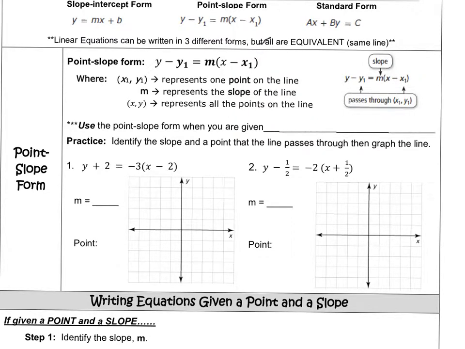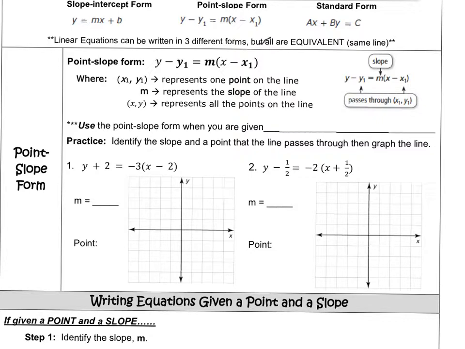So when we're looking at this formula, we have three pieces of data that we can get from it. We can get our point, which is the x1 comma y1 value, and we can get our slope. So we can get our x and our y value from a data point, and we can get our slope from the equation.